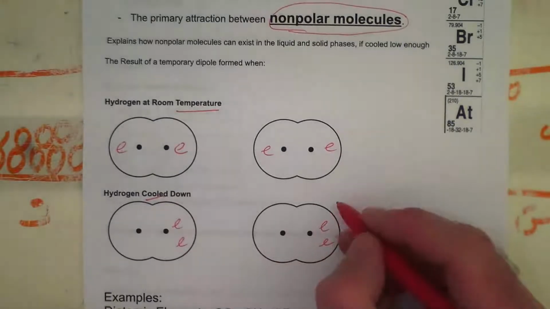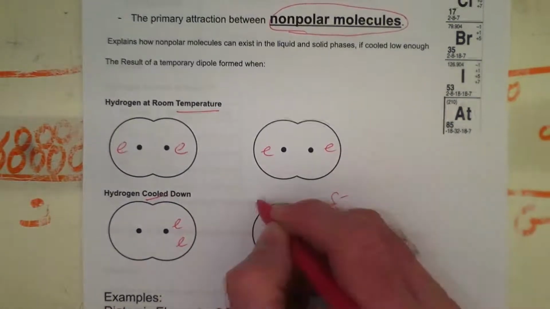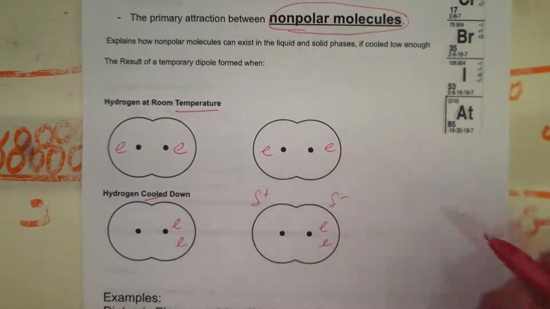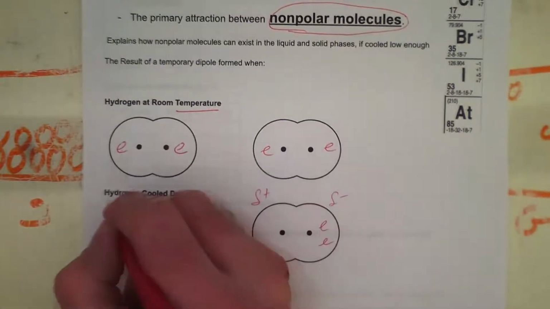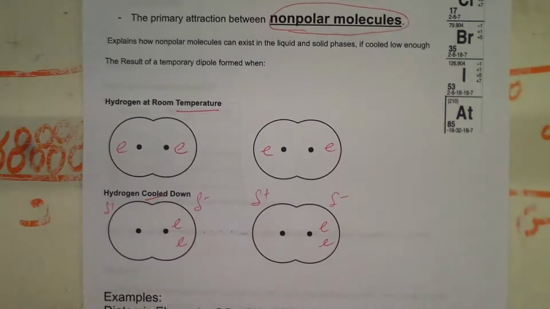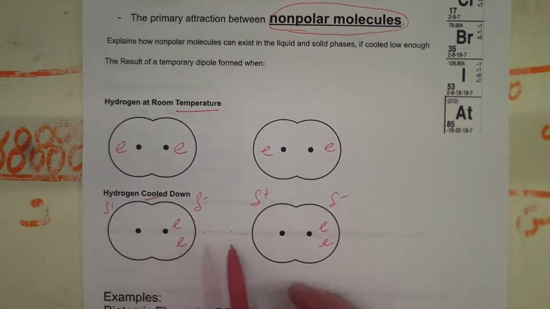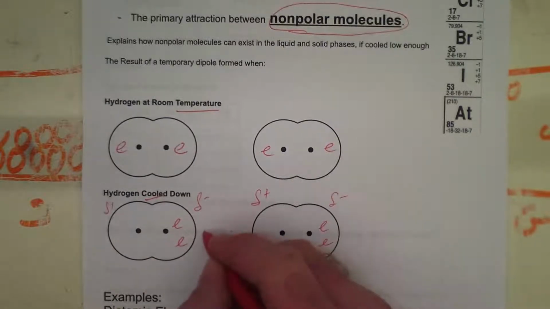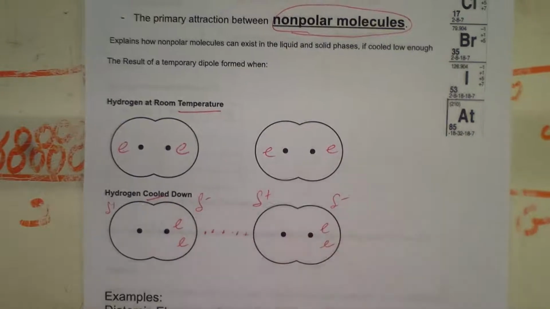And when that happens, you're creating a partial positive and partial negative. And that partial positive and partial negative are going to have an attraction for one another. Now, for something like hydrogen or nitrogen, it has to get super, super cold in order for this slowing down of the electrons to take place and the attraction to take place for it to liquefy.